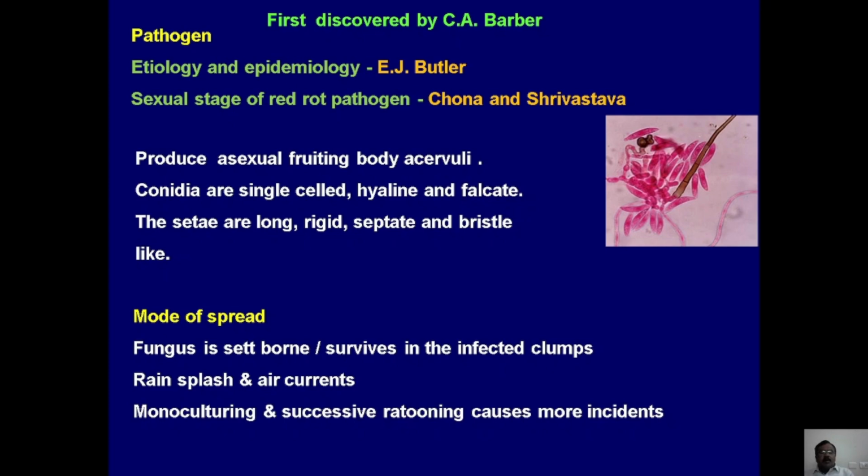Rain splash or air currents help in spreading the disease.